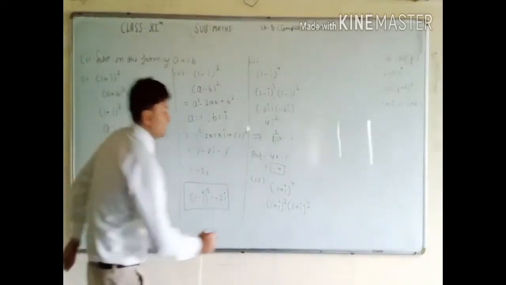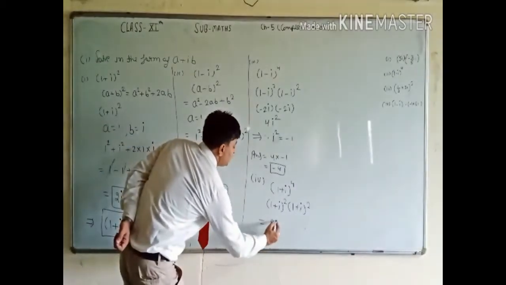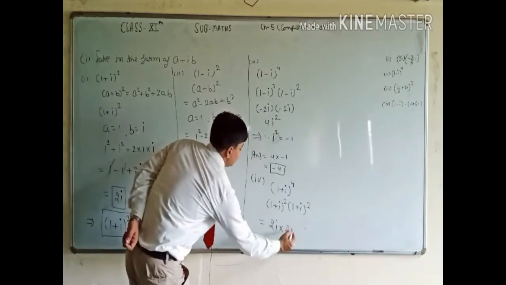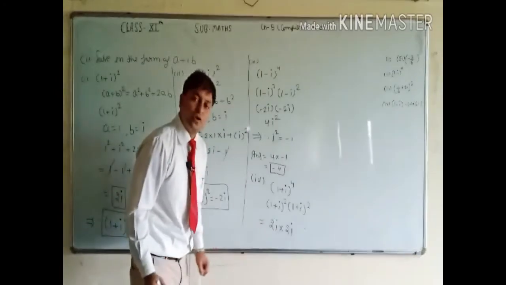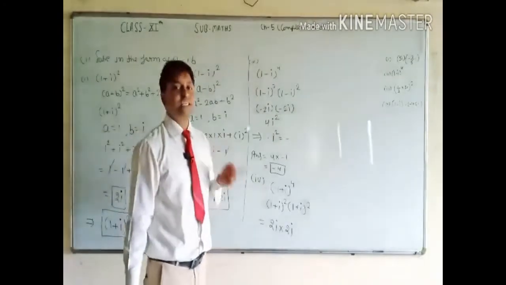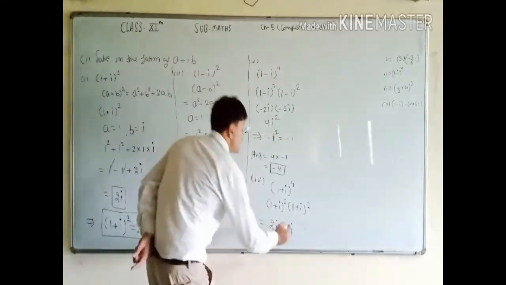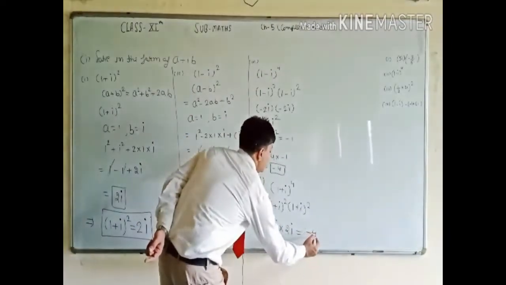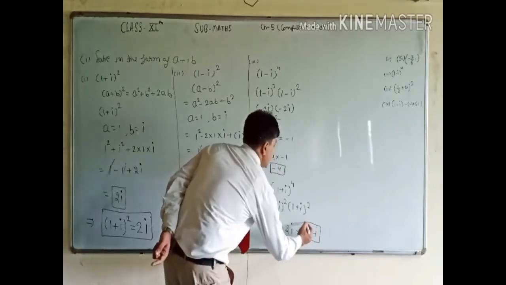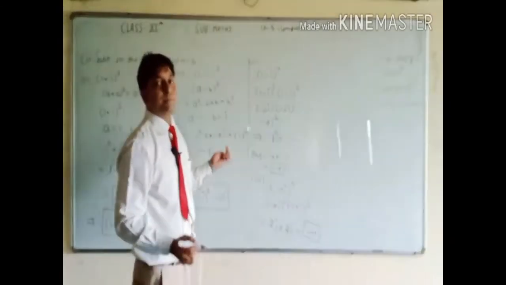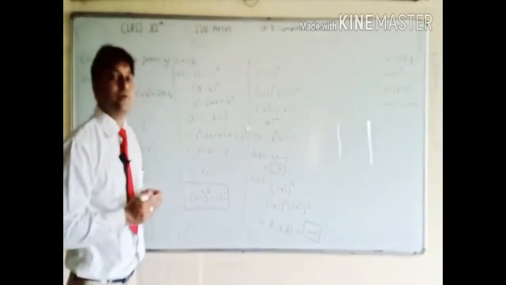So this is 2 iota into 2 iota. This is 2 square, and we know that iota square is minus 1. So our answer is minus 4. Okay students, this is a very important question of exercise 5.1.